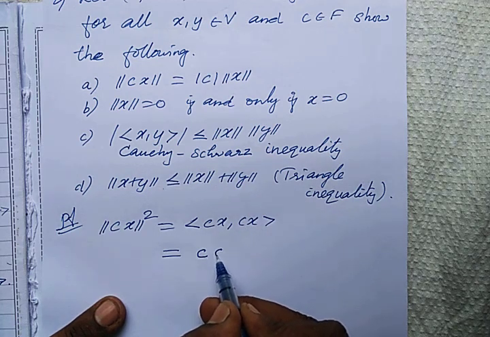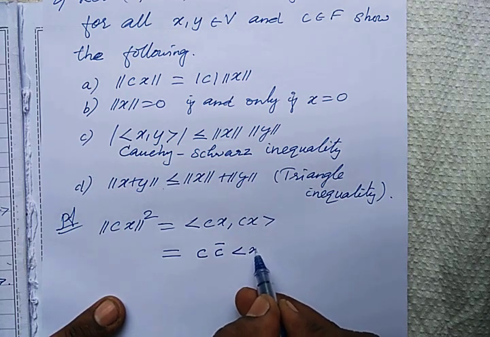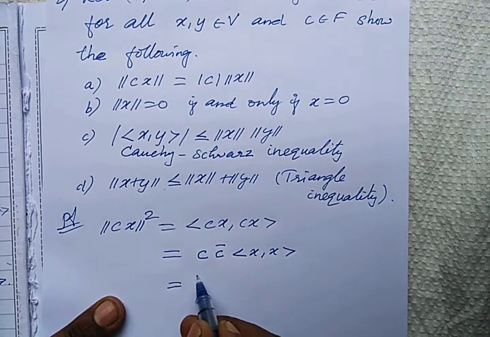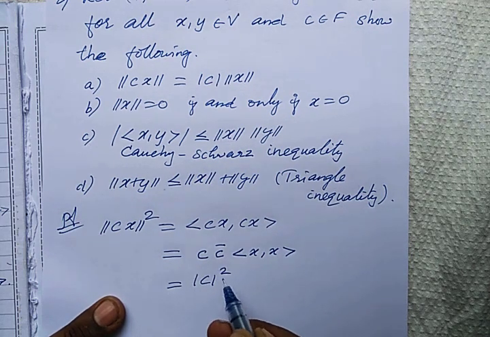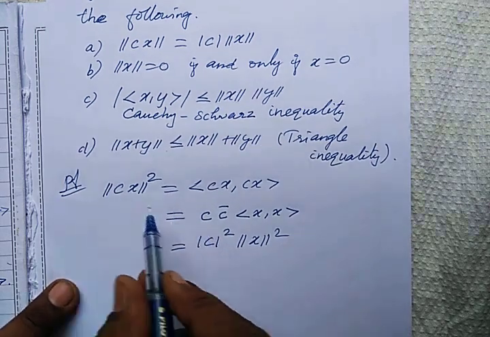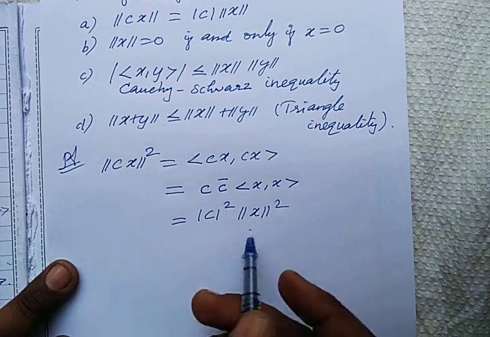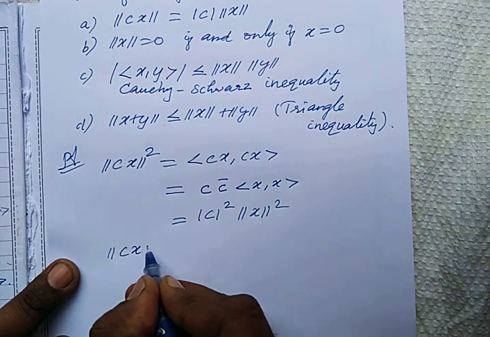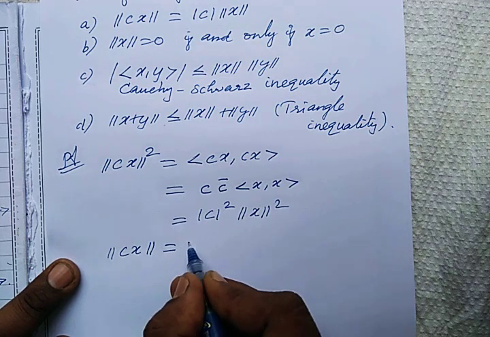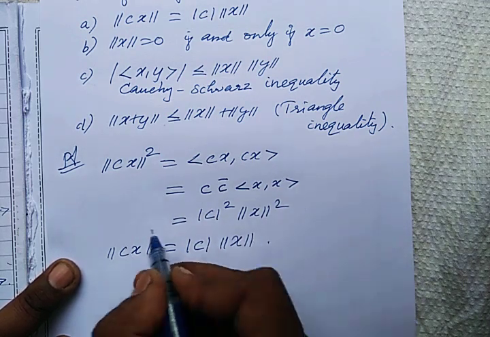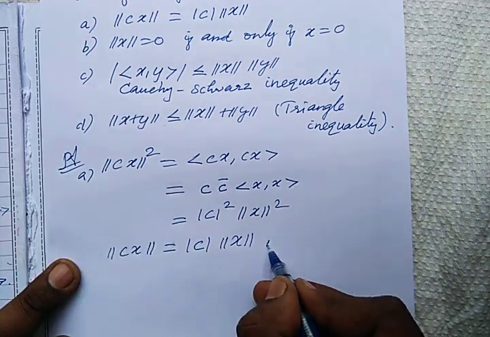This c comes as c bar, so c times c bar is modulus of c square. This is norm x square. If you take the positive square root on both sides, we get norm of cx is equal to modulus of c into norm x. So the first result is over.